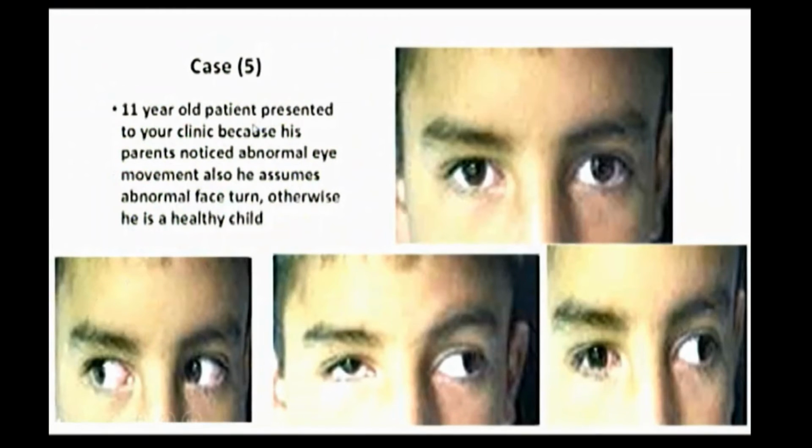Okay. An 11-year-old presented to the clinic because of this head position, abnormal face turn and abnormal eye movements. My name is Reem Al-Ahmadi. I'm an R1. Okay. This patient has limitation of abduction of the right eye and narrowing of the palpebral fissure of the right eye in a left gaze.